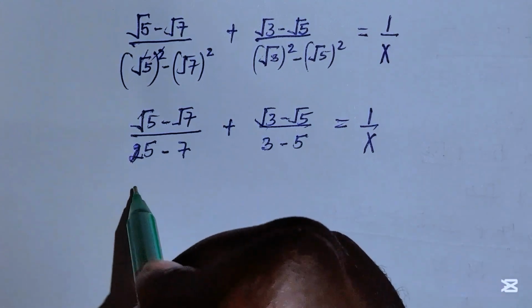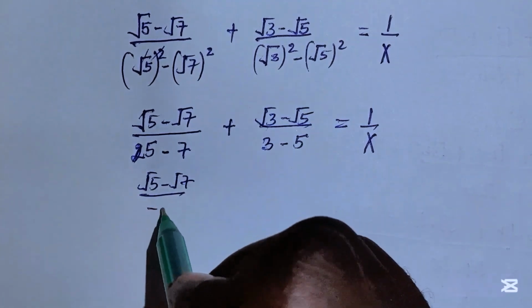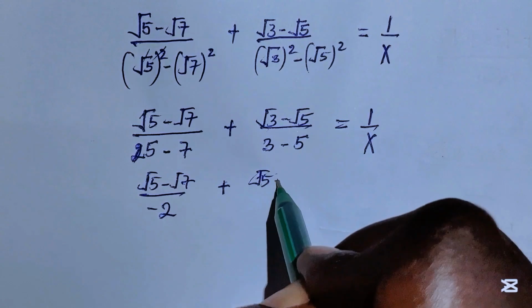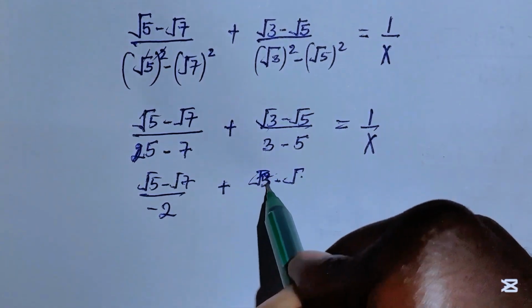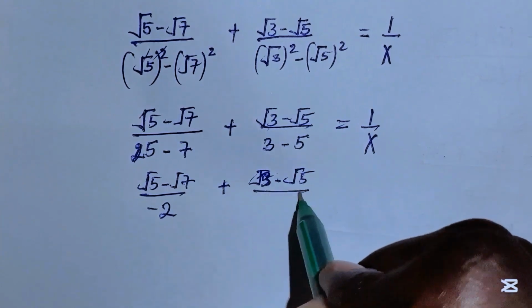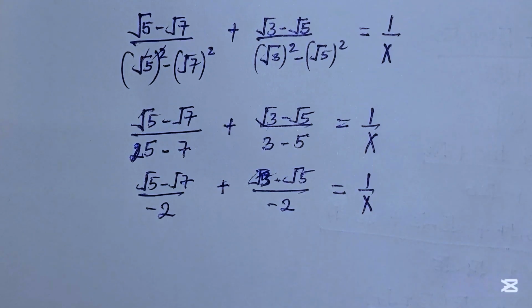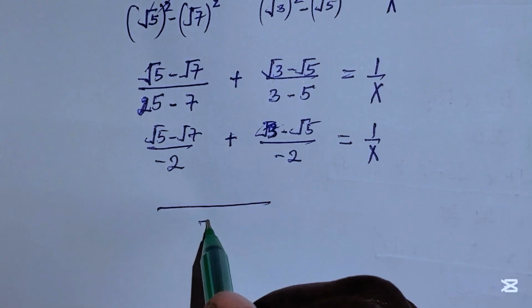Okay, so square root of 5 minus square root of 7 over negative 2 plus square root of 5 minus square root of 3 minus square root of 5 over negative 2 will be equal to 1 over x. Okay, common denominator will be equal to negative 2.